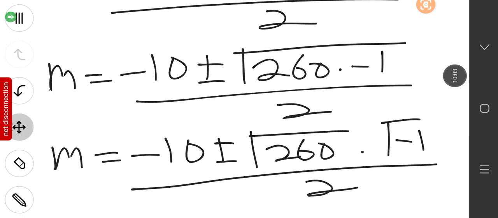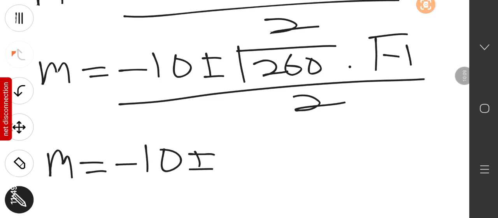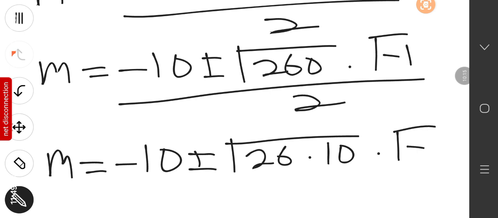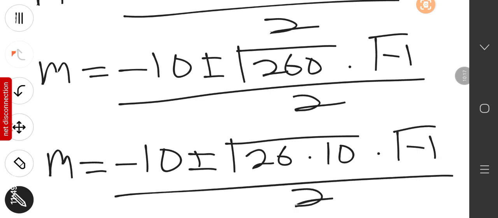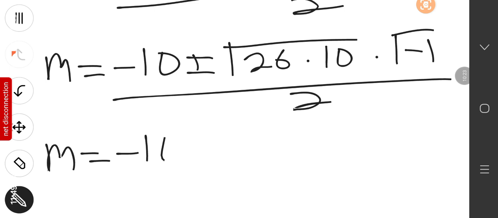All right, so we're going to have m equals minus 10 plus or minus the square root of, this is the same as 26 times 10, all over 2.